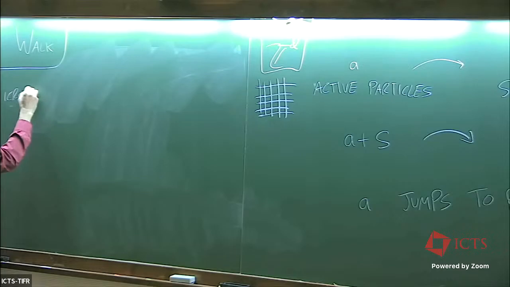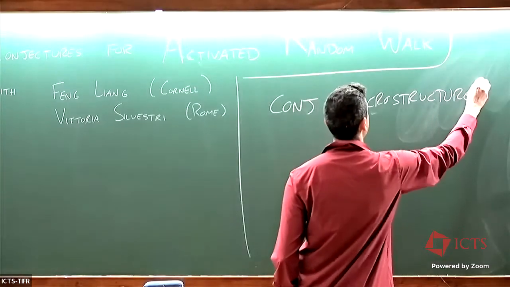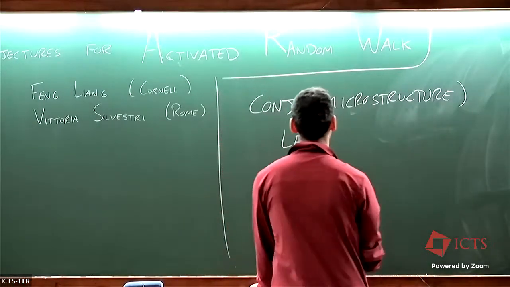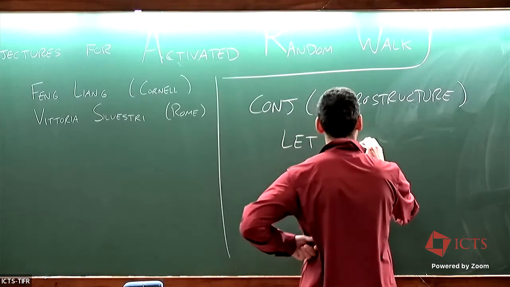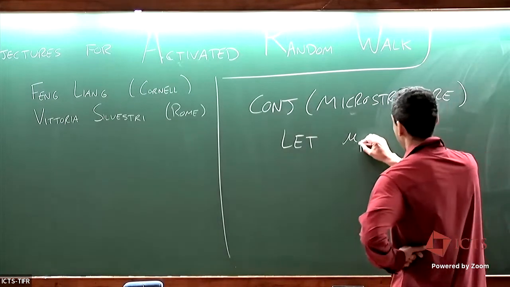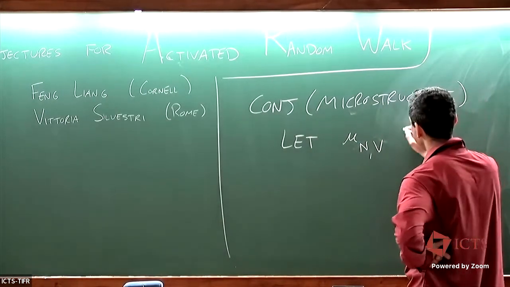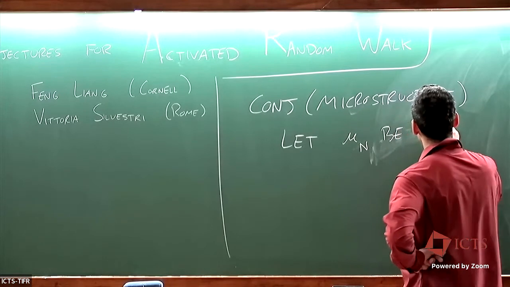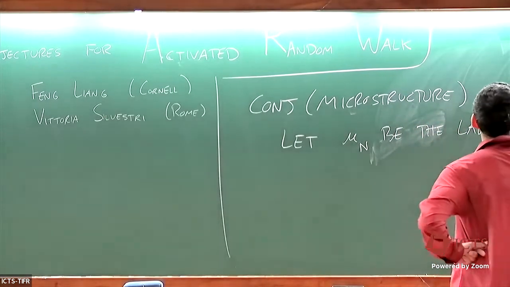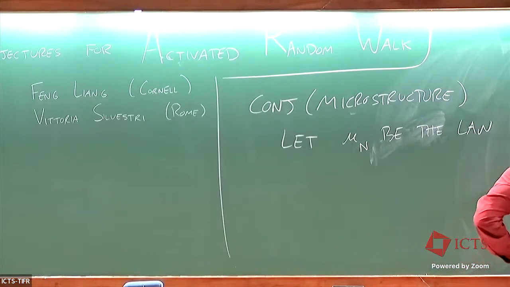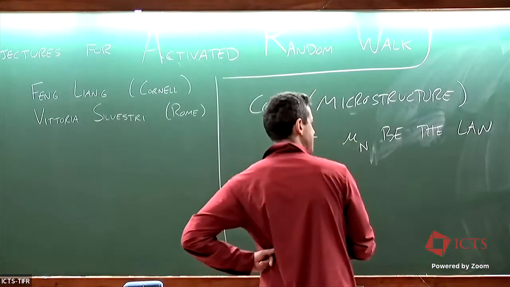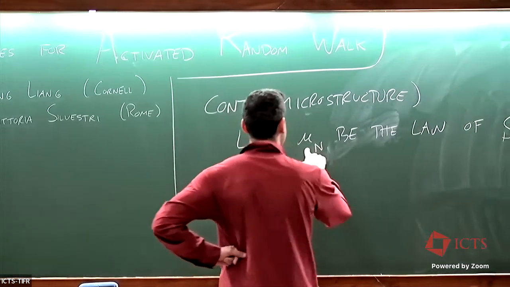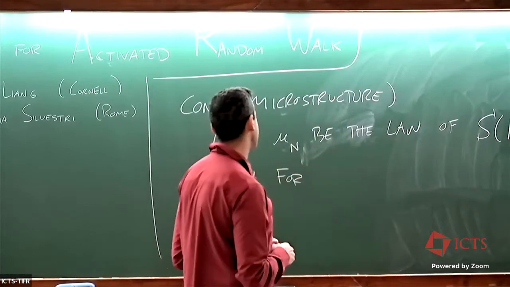Microstructure. So for each n, let mu_n be the law of this final absorbing state. Then I can look at what this state looks like on a finite window.